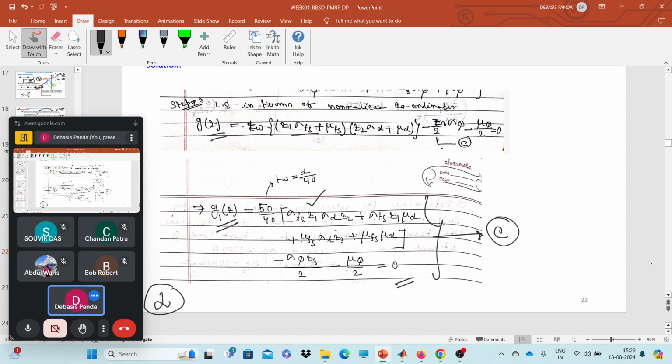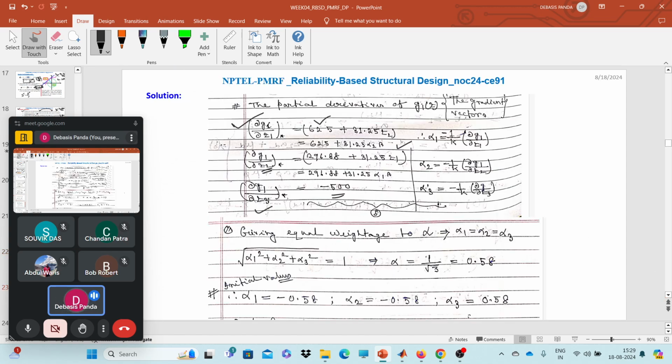Okay. Now, once we got that, these are nothing but the gradients of the limit state function, right? Now, once we have gradients, we know the expression for alpha. What does that alpha say? Minus of the gradient of the limit state function divided by the Euclidean norm of the gradient.